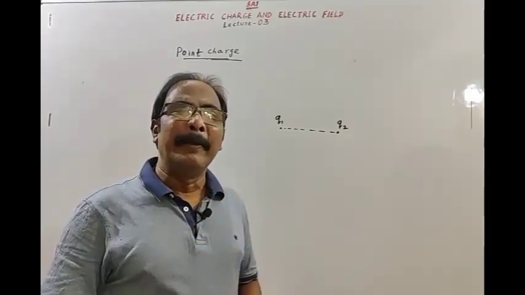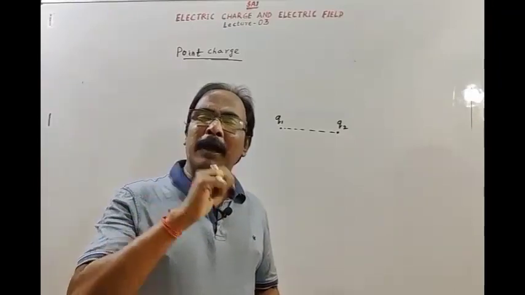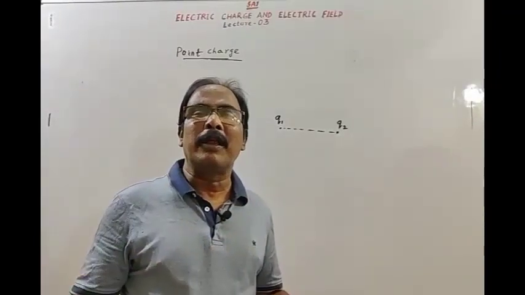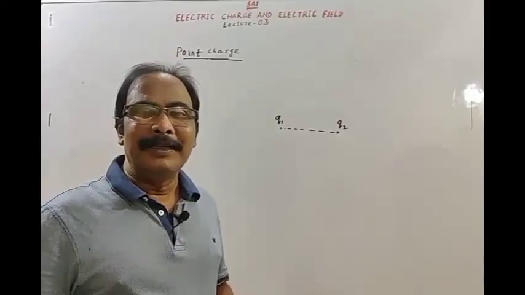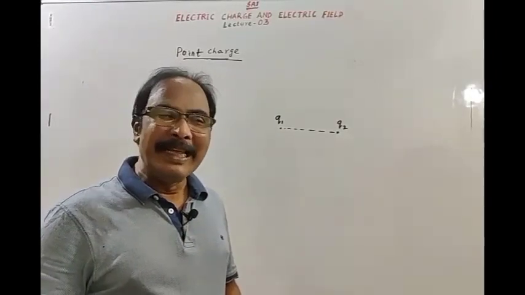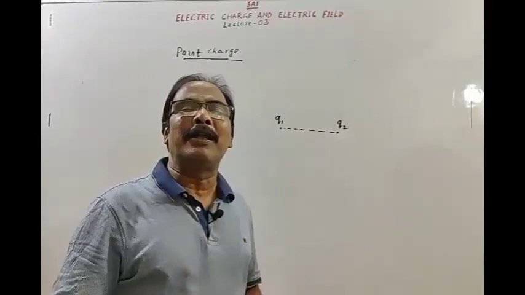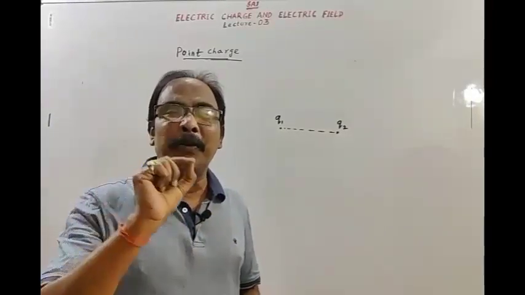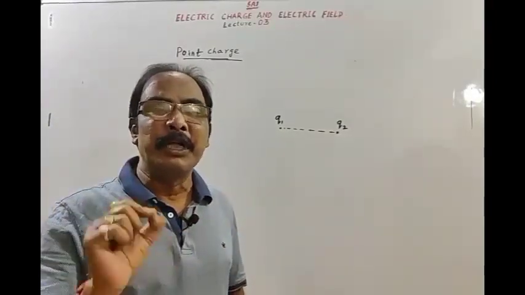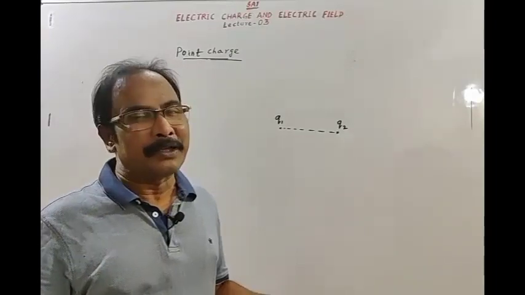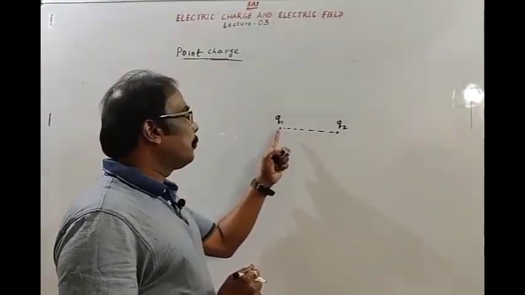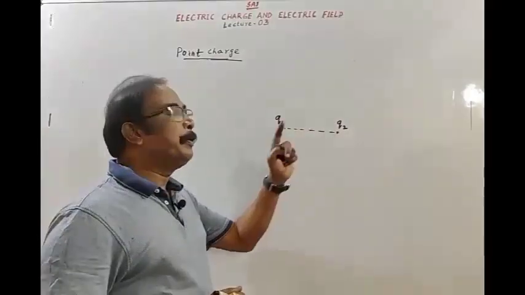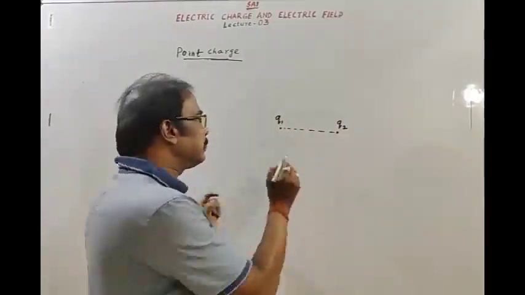Again, you know, if a body or a particle loses or gains electrons, then the particle or body is said to be charged. Thus, a particle whose size is so small on which the charge resides is called a point charge. Another consideration, a comparison: suppose Q1 and Q2 are 2 point charges.